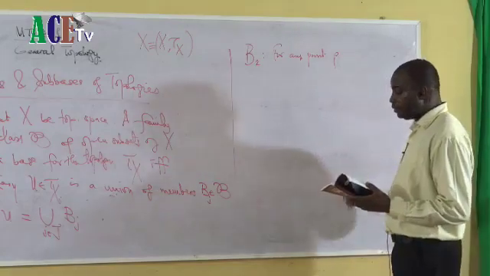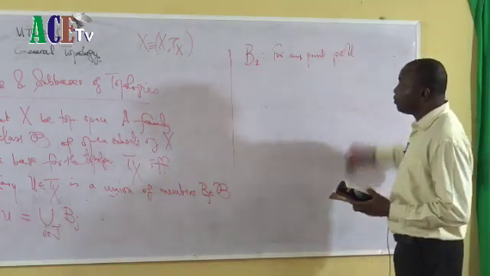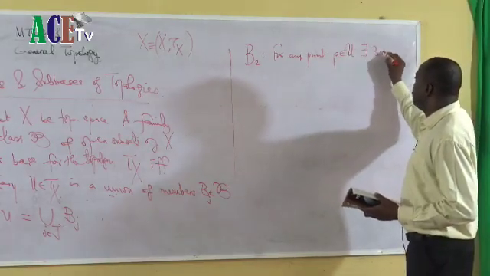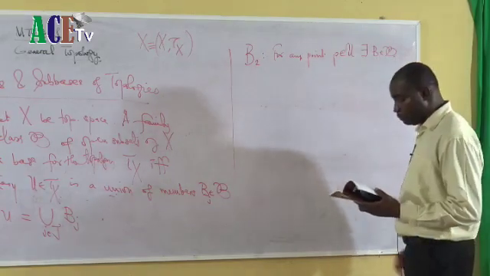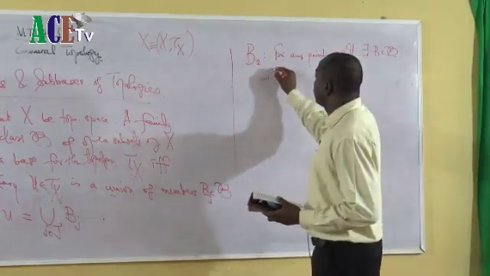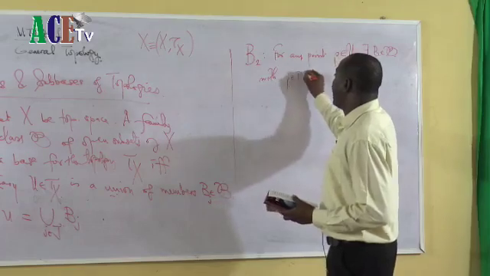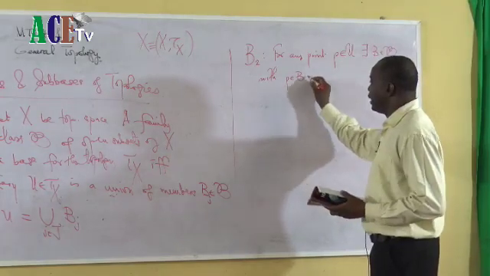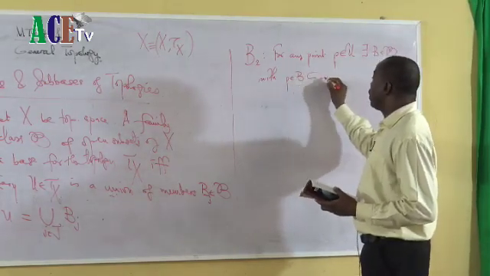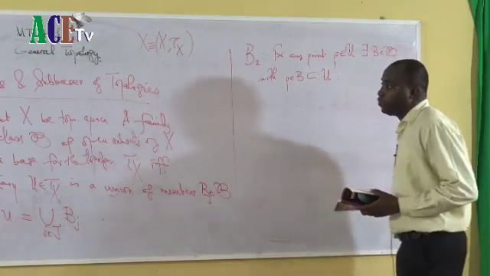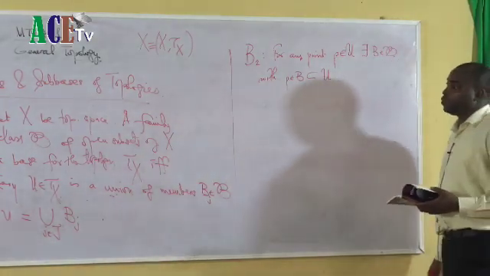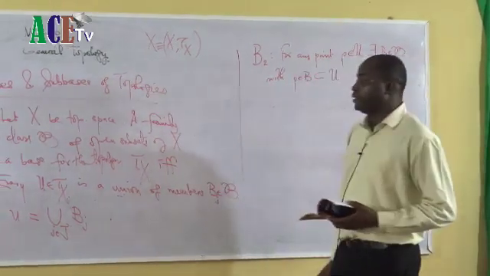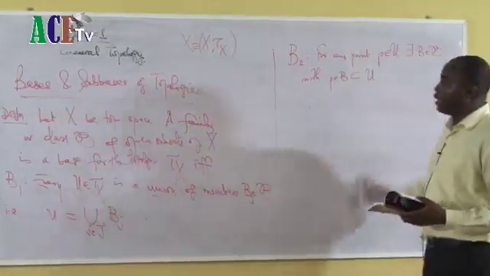For any point P which we find in the open set U, there exists a base element B in curly B with P belonging to that base element in such a way that B will always be a subset of U. So we say that a base is satisfied if it fulfills these two axioms.